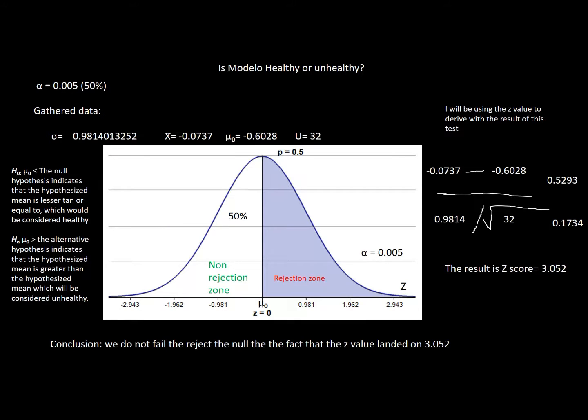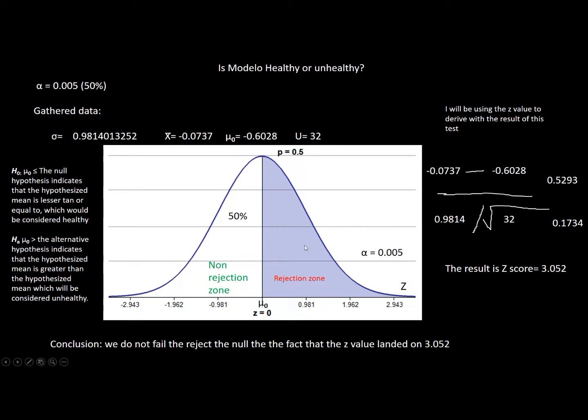Basically the sigma, which is there, is 0.9814, the standard deviation of x. And I used the z value formula to come out with the result. And I used a standard slope of 50 percentage, and an alpha of 0.005, aka 40 percentage.